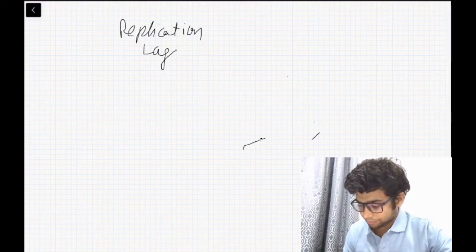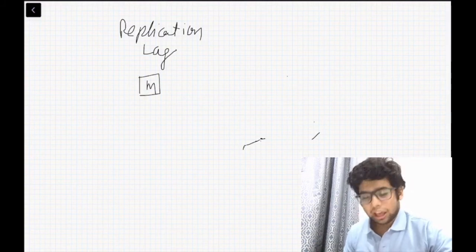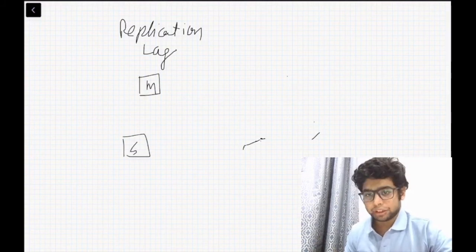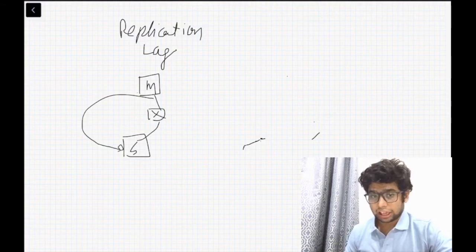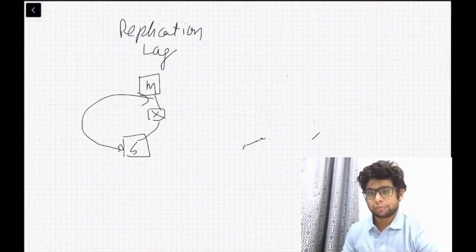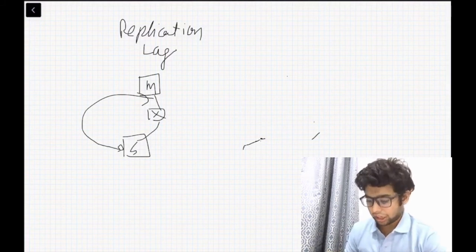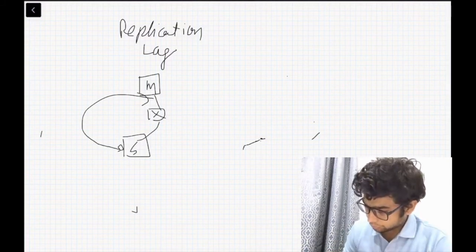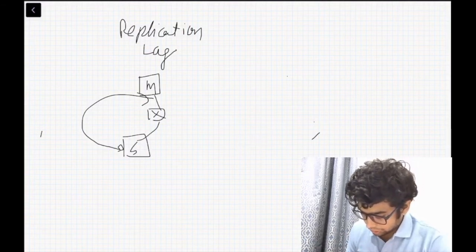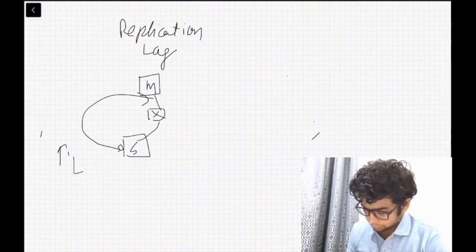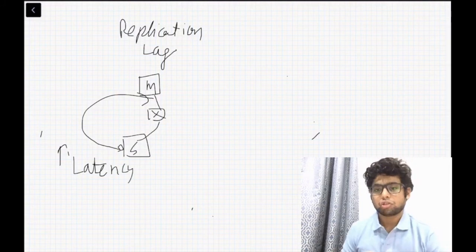So let's say this is a master, this is a slave, and there is some network situation between these two, like a router failed, so it has to take a longer route, and it could be multiple seconds that this data from master to slave is taking. So we say that the replication lag of our system is very high. So increased latency is the reason for this.